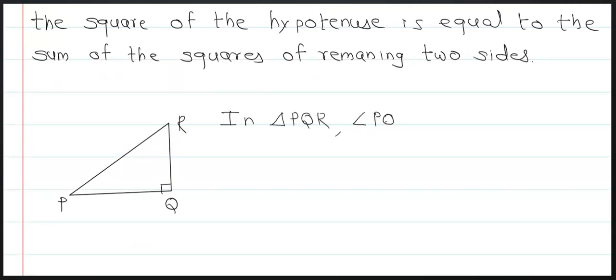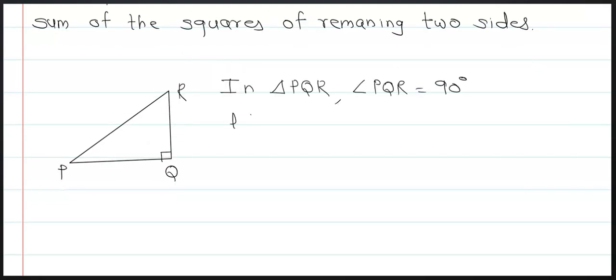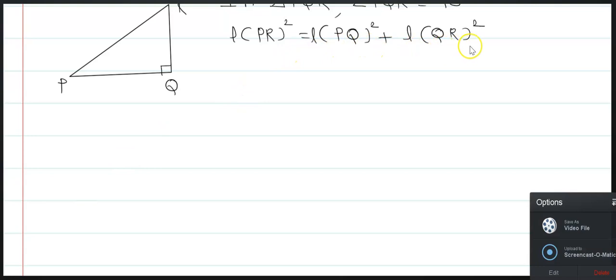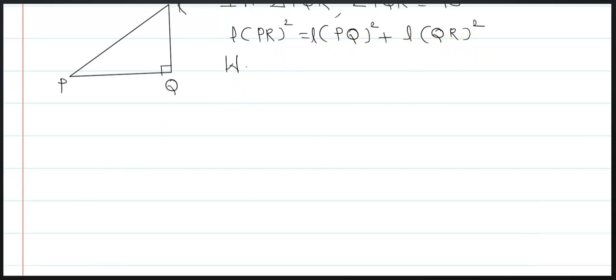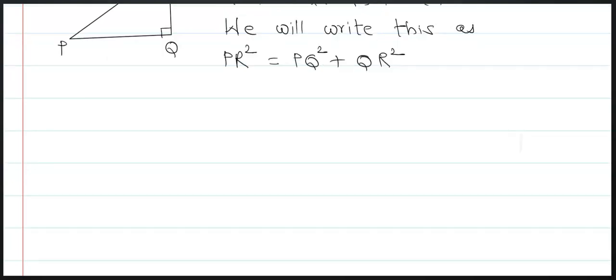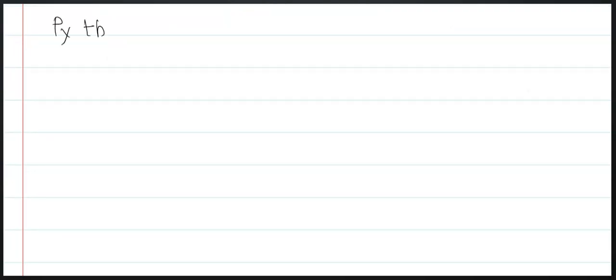In triangle PQR, the measure of angle PQR is 90, and therefore we can write that the length of PR square is equal to the length of PQ square plus the length of QR square. We will write this as PR square is equal to PQ square plus QR square. This is the first.